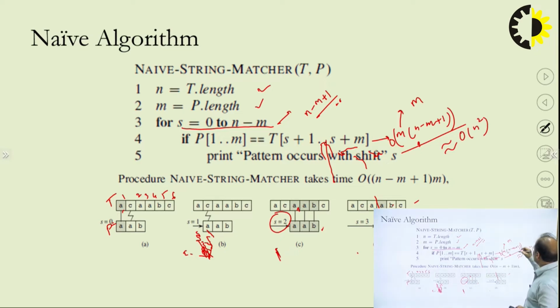If m equal to n, we have to check all of this. So basically this is not a correct, good algorithm.